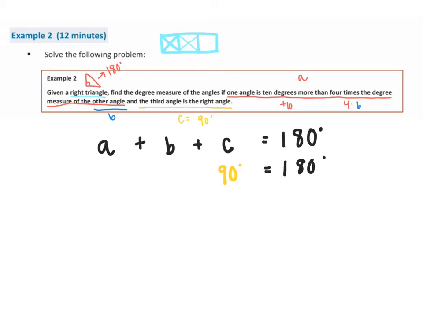And then I have A and B. So A is actually 10 more than 4 times B. So I can turn this A into exactly what I just said. Instead of writing A, I can write what it has told me, that this is 10 more than 4 times that other angle, which I decided to call B.